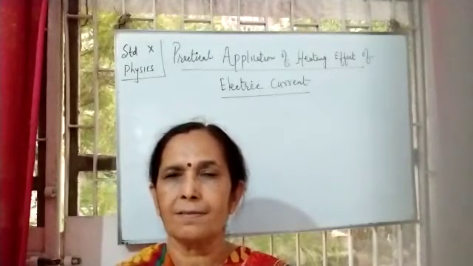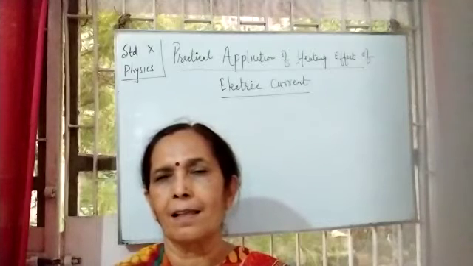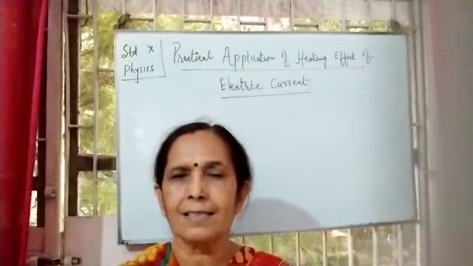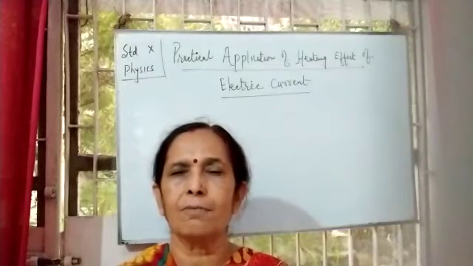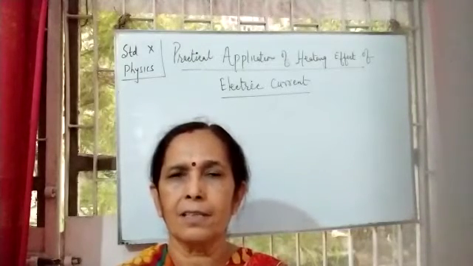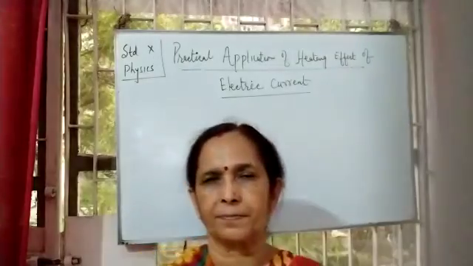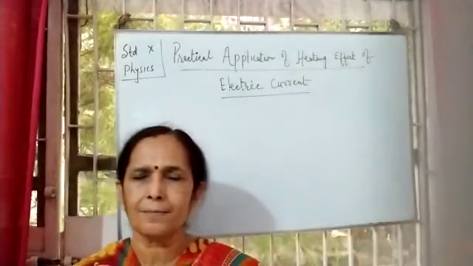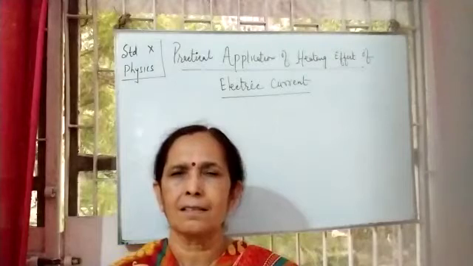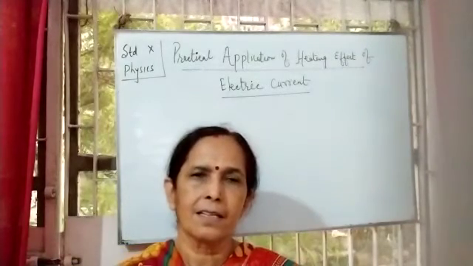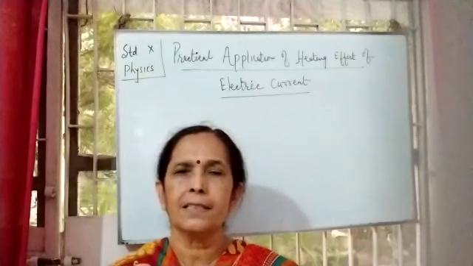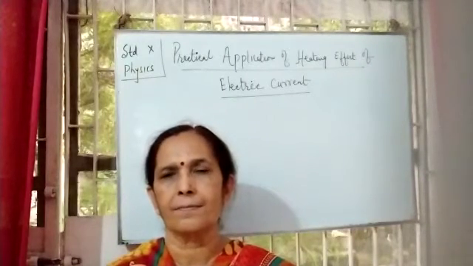So because of these reasons, the gas filled in the bulb is the inactive or inert argon or nitrogen or both. Now students, in these applications, we are purposely converting the electric energy into heat energy.